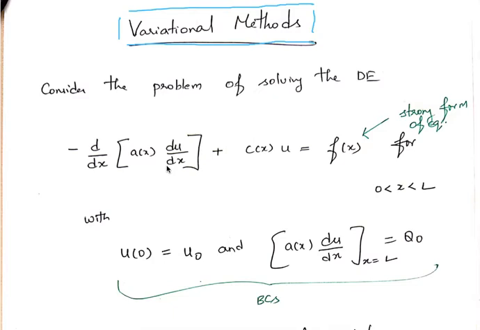It exists only within the volume of the material. It's a small technical point, but I just wanted to clarify. So this differential equation has to be satisfied inside the domain, and on the boundary, what are we enforcing? That at 0 u must be u0, and at L a times du by dx would be equal to q0.